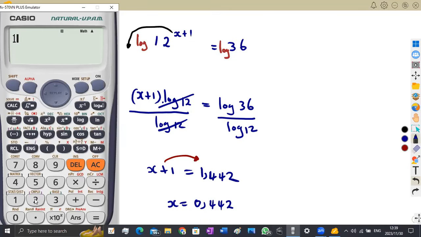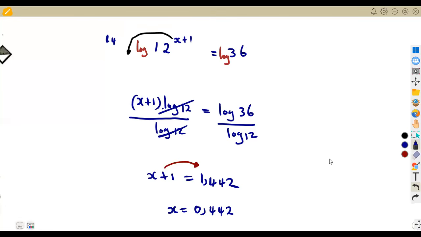If we say 12 to the exponent of x, which is the answer that we got, plus 1, we must get 36. This is equal to 36. So you can prove and see if your answer is exactly the one that gives you what is on the right hand side from what you're given on the left hand side.